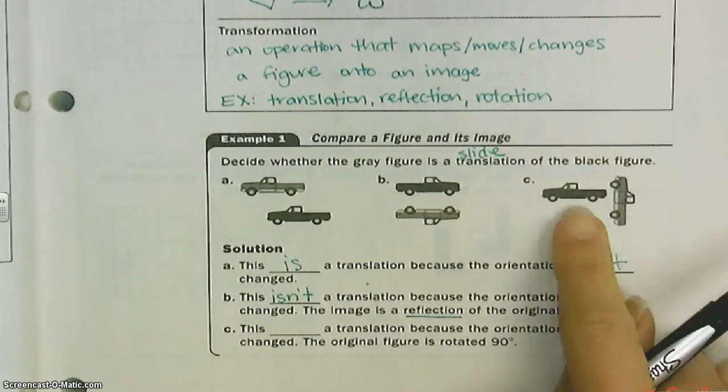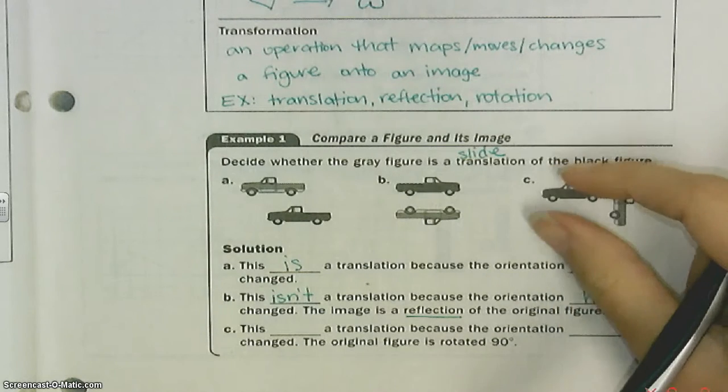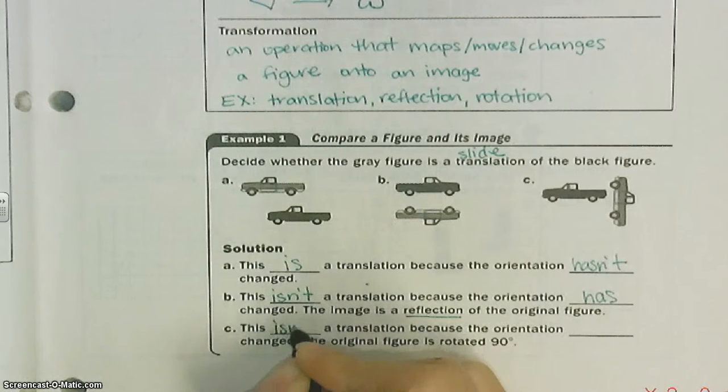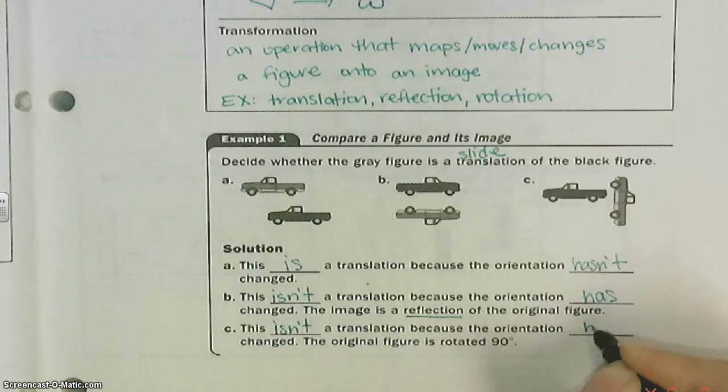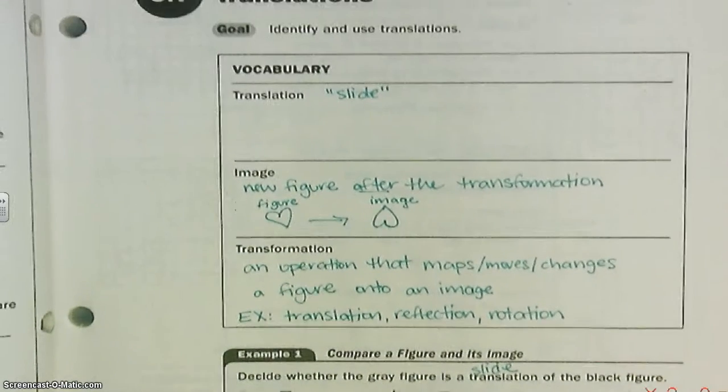Could we slide this black truck onto this gray truck? No, we would have to rotate it. So this isn't a translation because the orientation changed. It's a rotation.